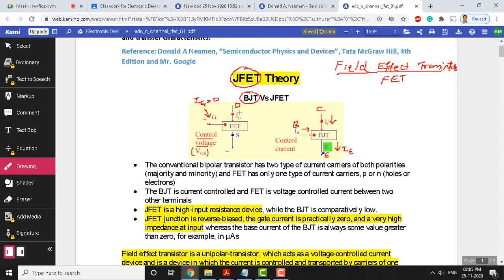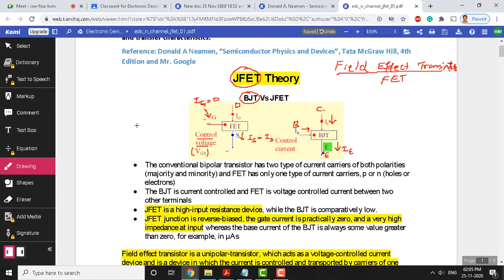Even though we have shown the drain terminal, there is also a source current here, IS. Since there is no gate current, IS will be exactly equal to ID. So these two currents are going to be equal. This current can be controlled by varying the voltage between the gate and source. Therefore, this is a voltage controlled device.